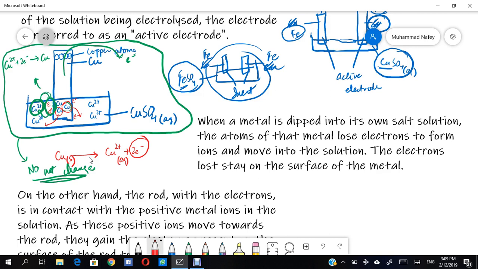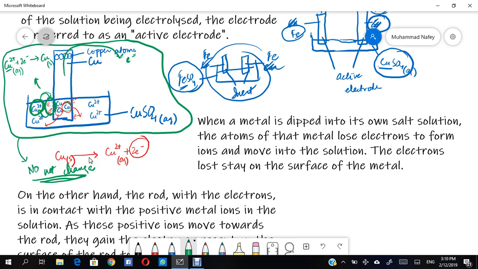But on the other hand, copper ions in this solution gained electrons which had actually stayed on the surface of the metal while the copper atoms of the rod were forming ions. They stayed on the surface of the rod to combine with the copper ions in the solution and formed copper. So there was no net change.